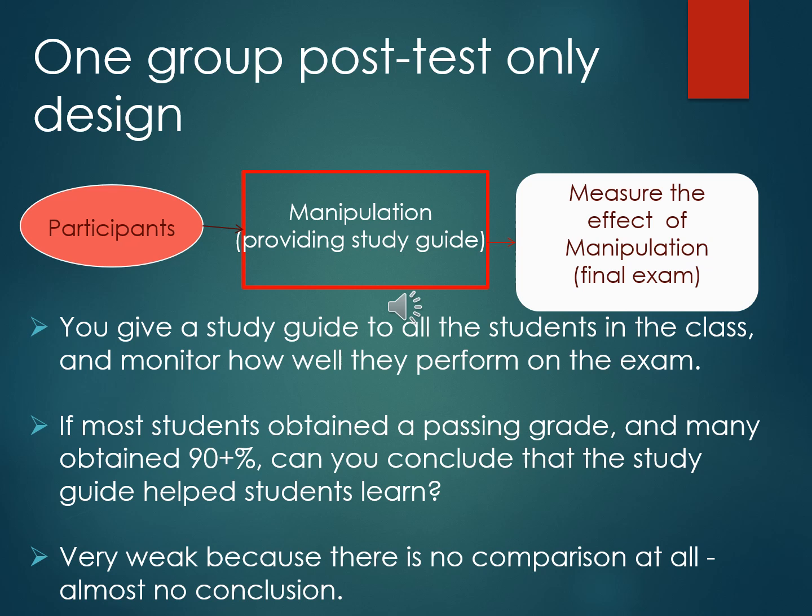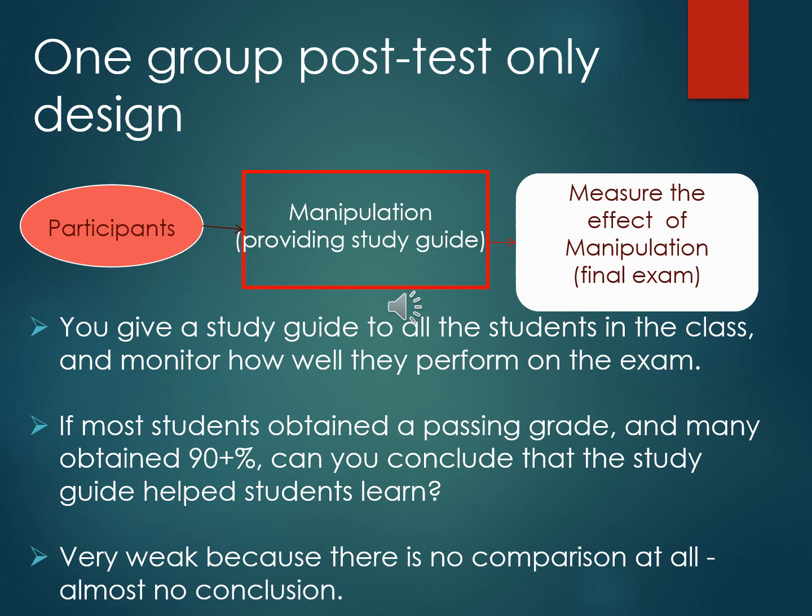The participants receive some manipulation, like let's say providing a study guide, and then their performance is measured after this manipulation. So you give a study guide to all the students in the class and monitor how well they perform on the exam. And because most students obtain a passing grade, you start believing that the study guide worked.